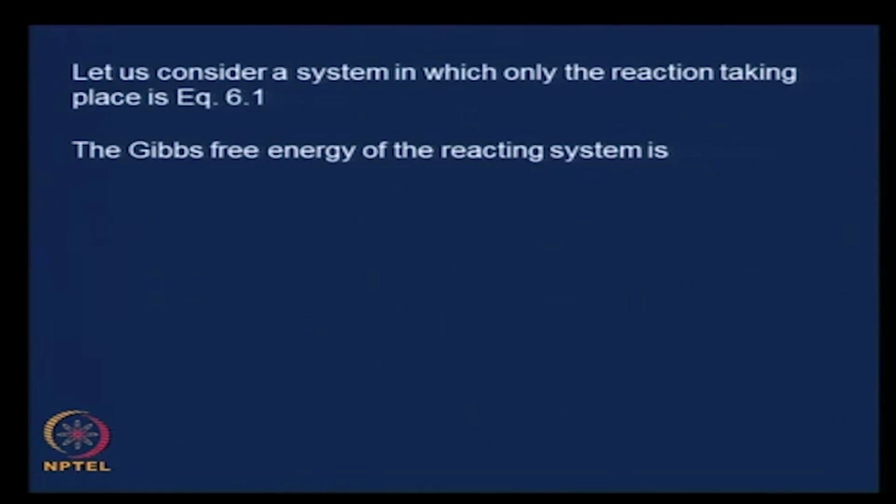The Gibbs free energy of the reacting system is GT, as we had seen earlier, that can be written as N1 into mu1, the chemical potential, this is per unit mole mu1, therefore N1 into mu1 will give you the total free energy corresponding to species 1, plus N2 mu2, the total free energy corresponding to species 2, plus N3 mu3, the total free energy corresponding to species 3, or species A, species B, and species C. Let us call this equation 6.6.